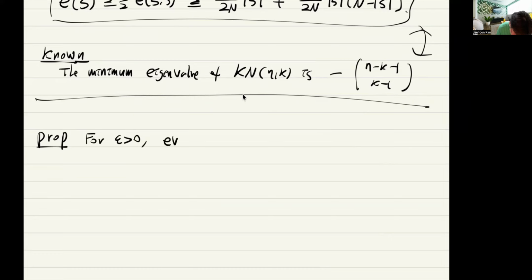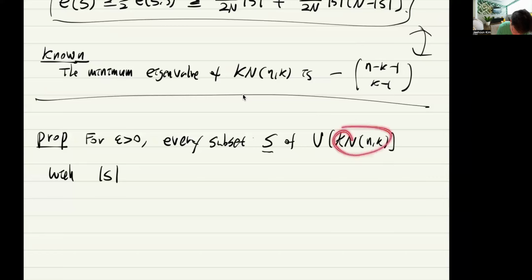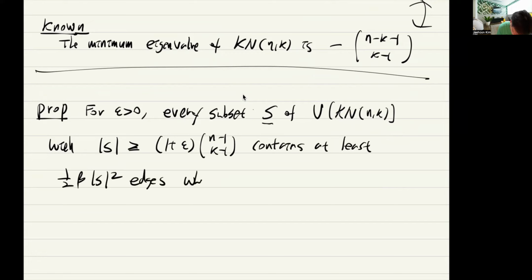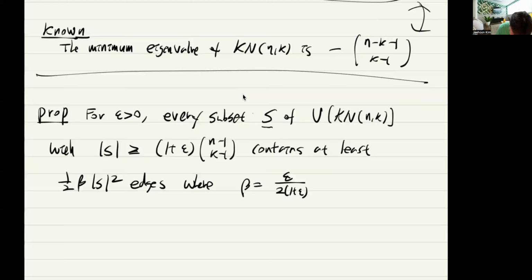So for given epsilon, every subset F of the vertex set of this Kneser graph, which is a collection of sets, each vertex being a set, if it has more than this number of sets, then it contains at least a half times beta times the size of F squared edges, where beta is like epsilon over 2 times 1 plus epsilon times k times (n minus k minus 1 choose k minus 1) divided by (k minus 1) times (n minus 1 choose k minus 1).